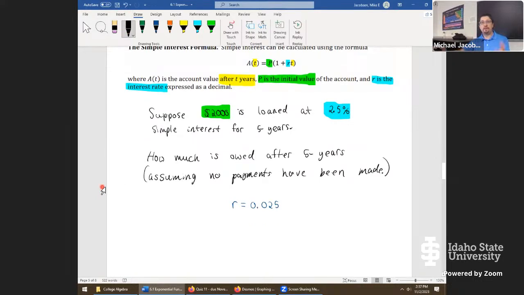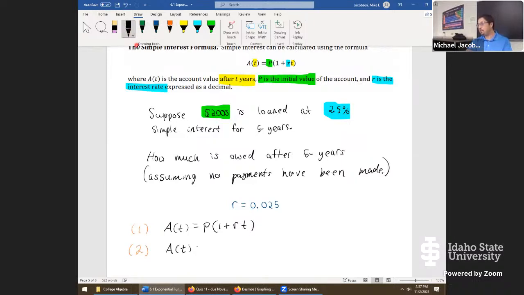To get through this problem, I'd probably just do 2 steps. Step 1, write down the function that we're about to use. It's amount at time t equals principal times 1 plus r times t. Then step 2, we'll fill in the information for this function.